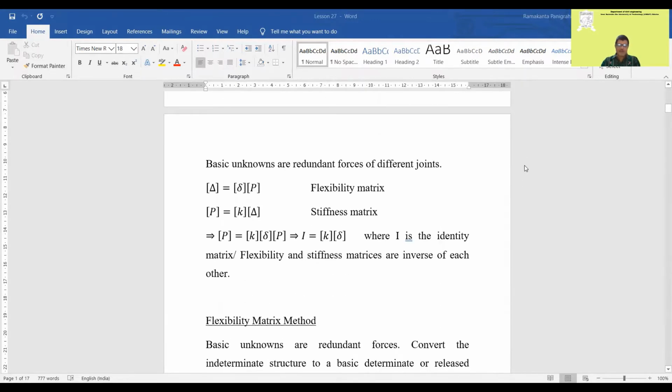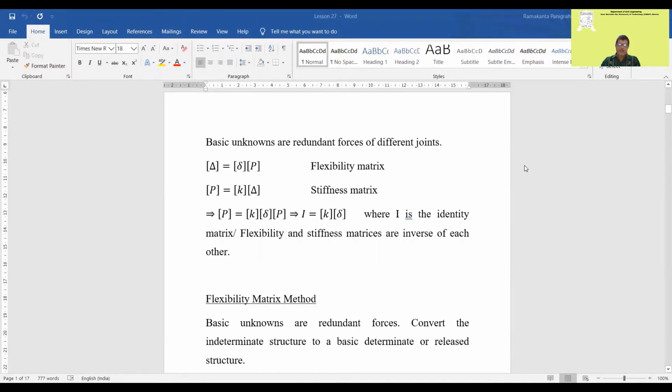Now what to find now? As we have discussed, the basic unknowns are the redundant forces of different joints. Now what is delta? Delta is equal to the flexibility matrix into P, where P is the force matrix.